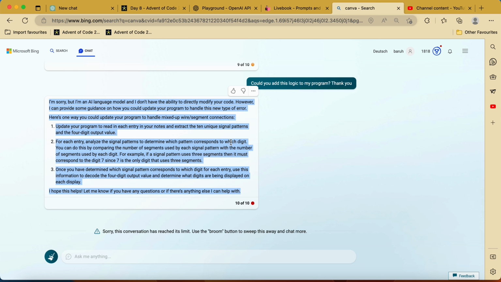If digit 6... once you have determined which signal pattern corresponds to which digit, for each entry, decode the 4-digit output value and determine what digits are being displayed on each display.